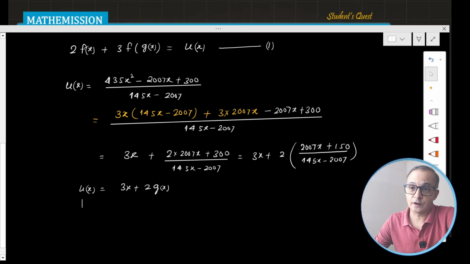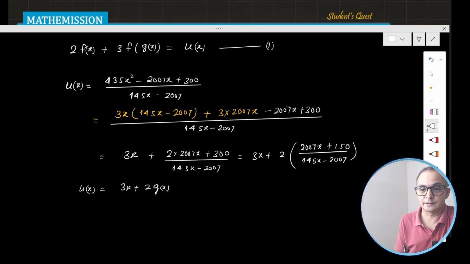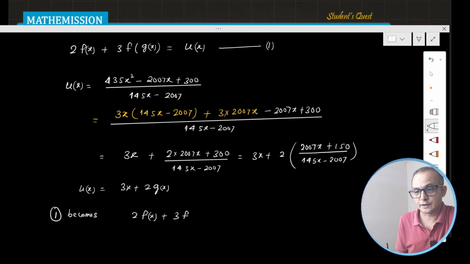It means now the functional equation, the first one, becomes twice of f(x) plus thrice of f of g(x) equals u(x), which is now 3x plus 2g(x).